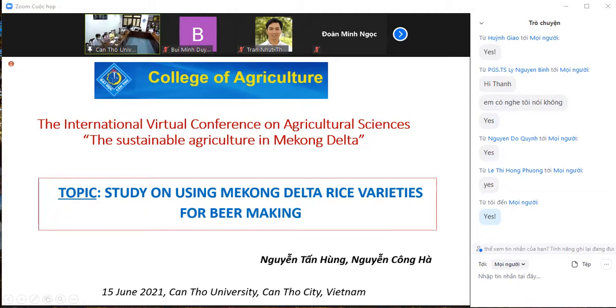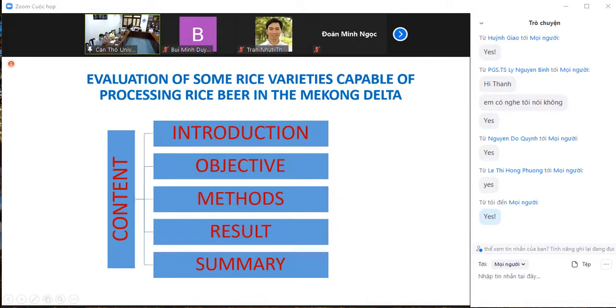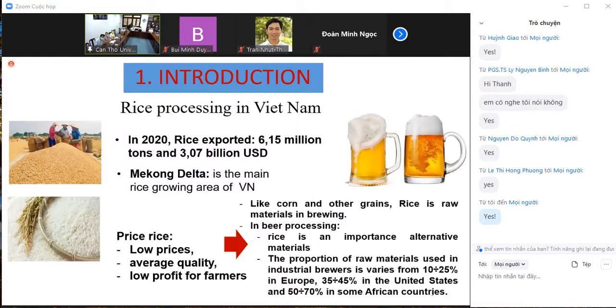The first part is the introduction. Last year, Vietnam exported more than 6 million tons of rice, worth more than 3 billion USD. The Mekong Delta is the main rice growing area of Vietnam.